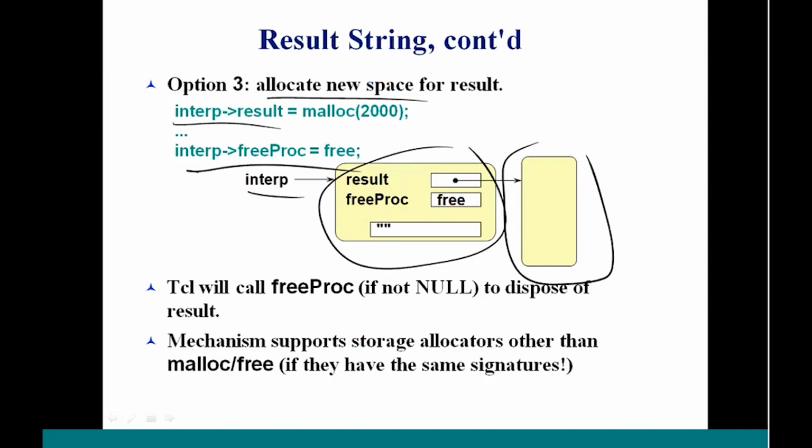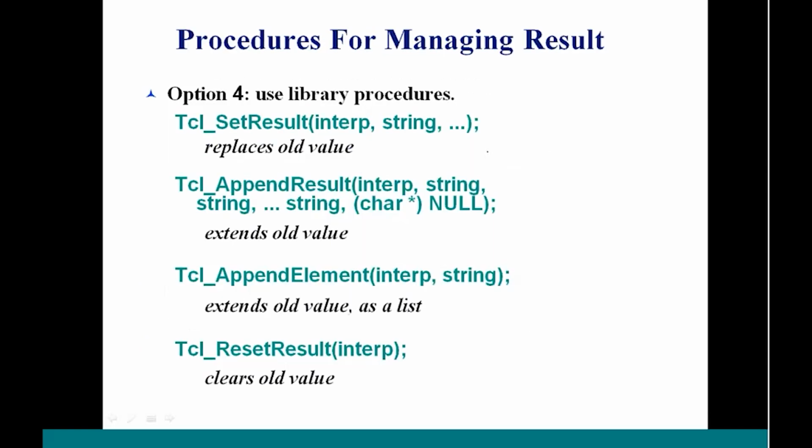Tcl will call this freeProc if not null to dispose of the result. So the result is created and then it is sent to the program for further processing while this program itself disappears. So the mechanism supports storage allocators other than malloc and free.